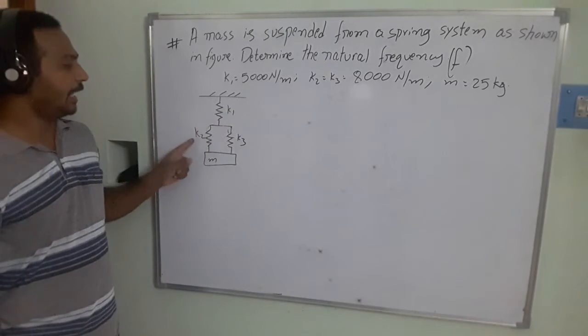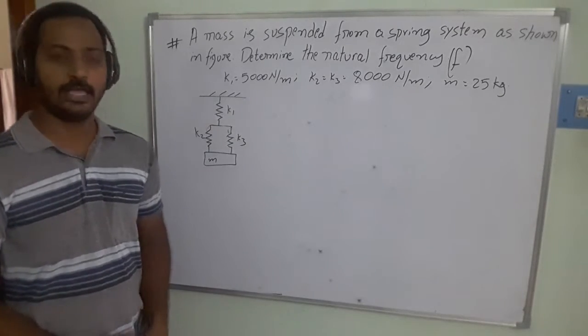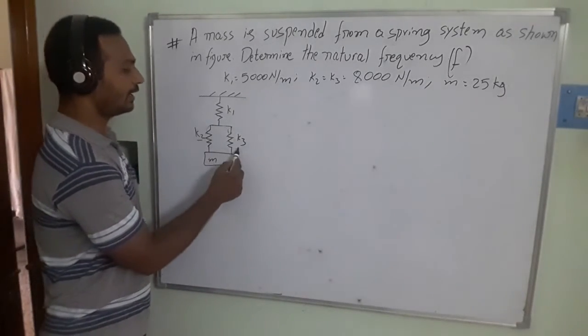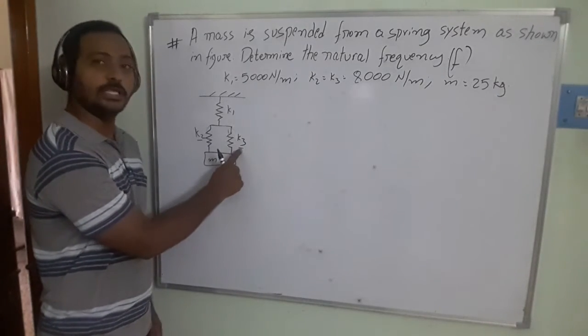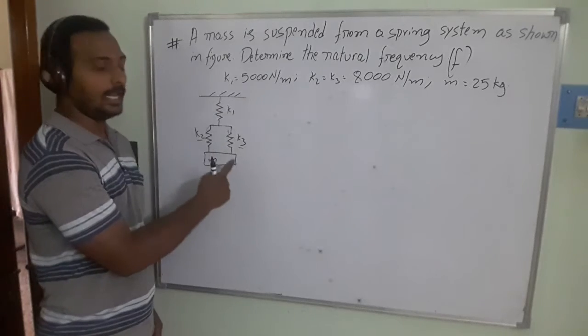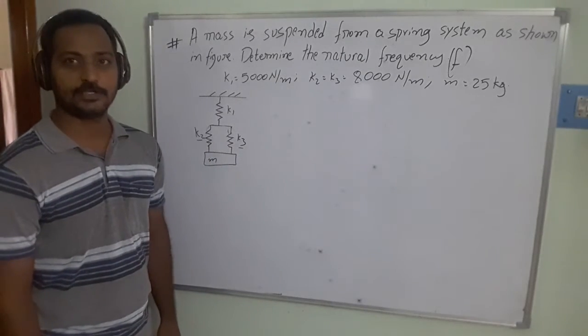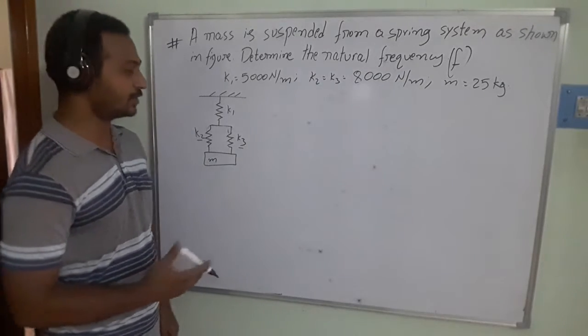Here K1, K2, K3 are not all in parallel, and not all in series. The K2 spring and the K3 spring are in parallel. Once we form these two into an equivalent spring, then K1 and KE23 are in series.